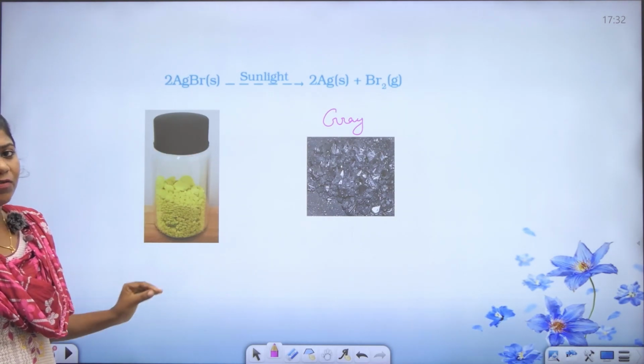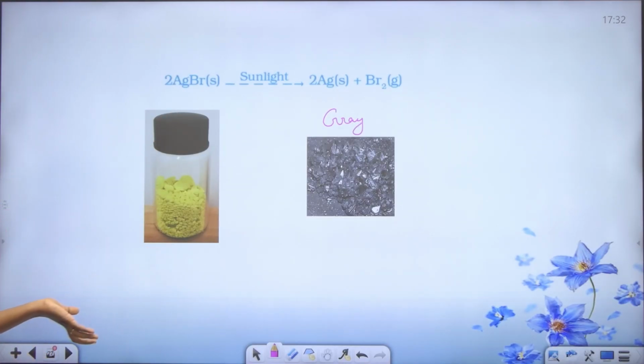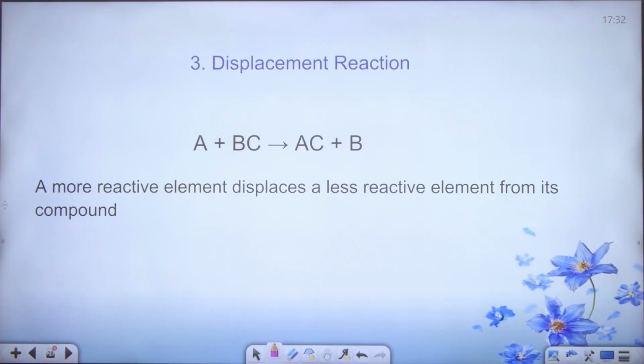The color of silver is gray, the color of AgBr is yellow, and AgCl is white crystals.